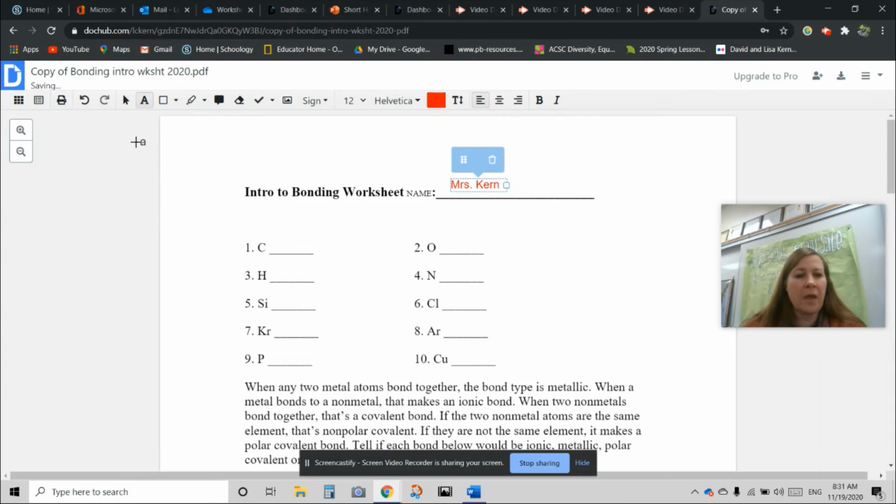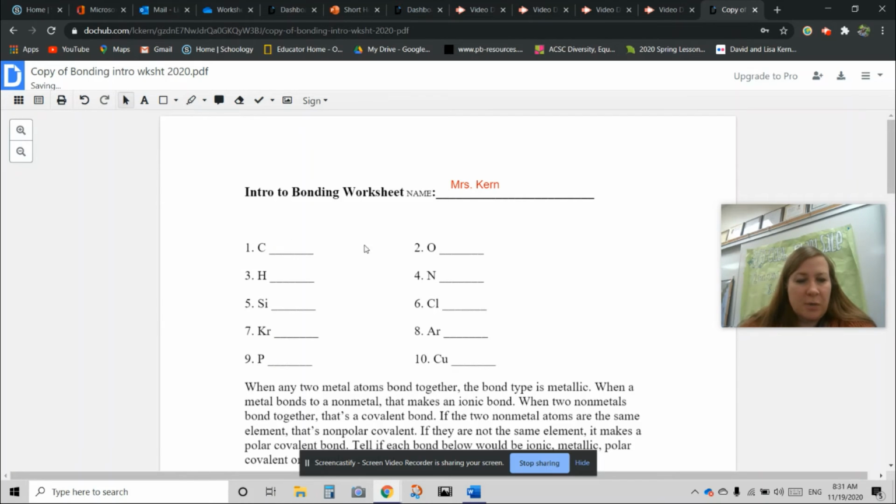Okay, so the next thing we want to do, now I've lost some instructions on this worksheet. I'll probably update this for you here in a bit. When you click on one of these icons, it gives you the chance to put letters or whatever, typing wherever you want. If you want to go back to where you can just click on stuff, you can go to the pointer and then you can click on things and not have anything weird pop up.